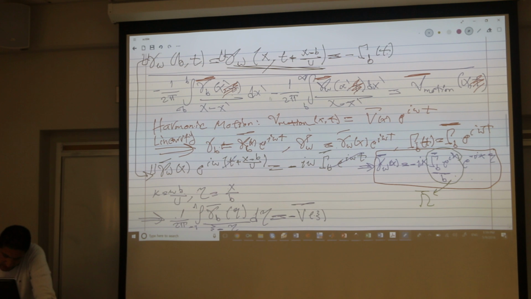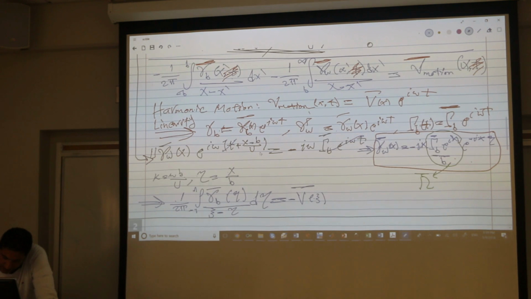And this guy was here in negative, goes in positive, and we multiply again 1 over 2 pi from 1 to infinity, gamma wake bar, which is here, negative i k omega e^(negative i k eta). So just to make sure, this is zeta minus eta.